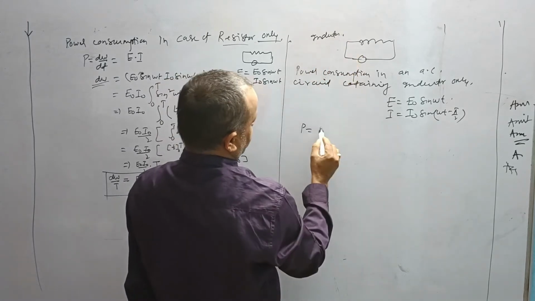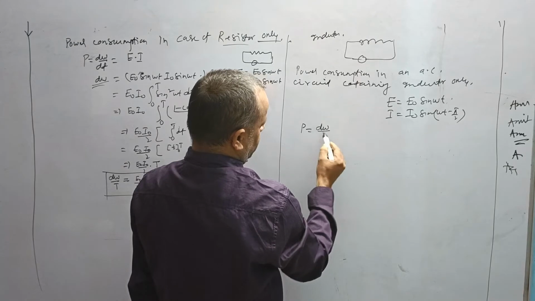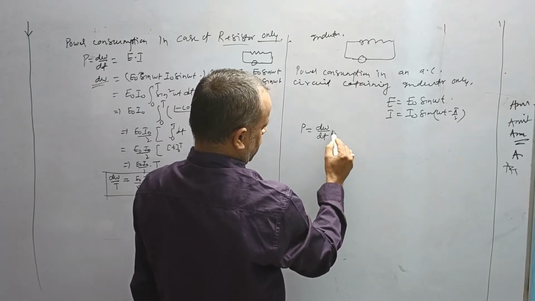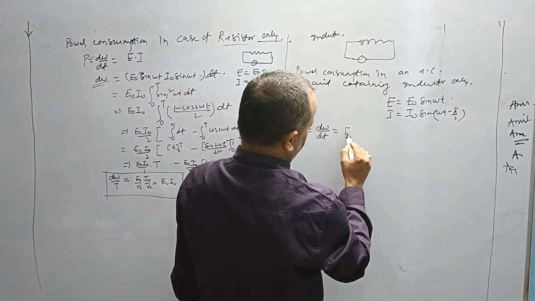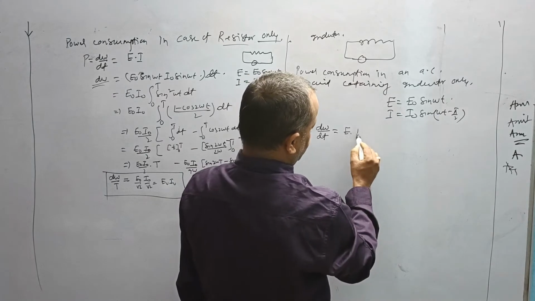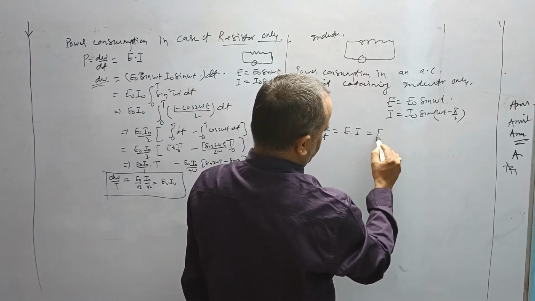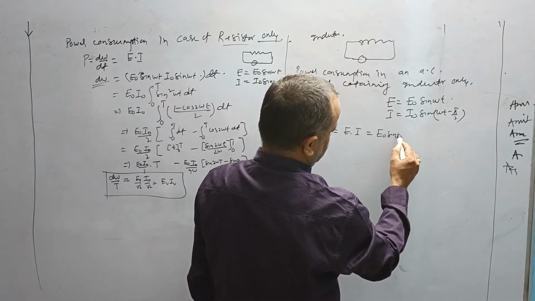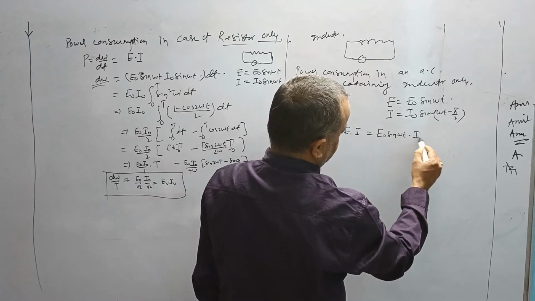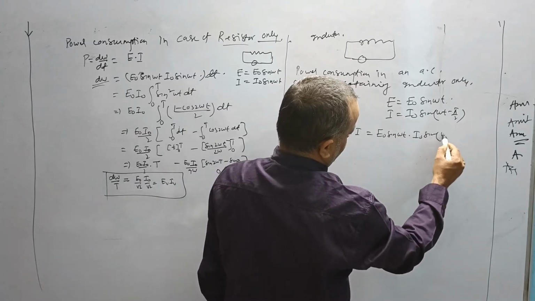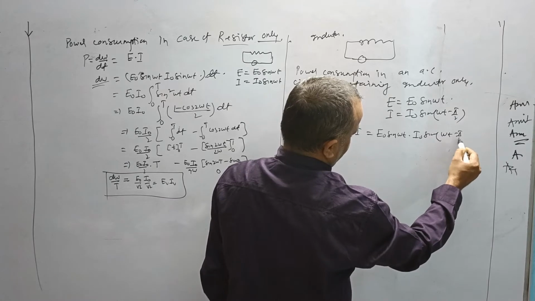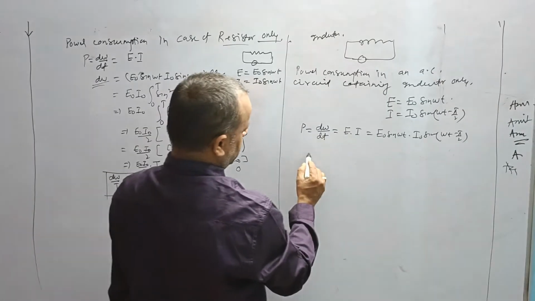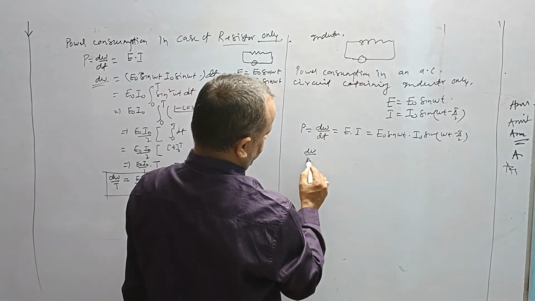Power is equivalent to the rate of doing work, and it can also be written as E into I. Here E is E naught sin omega t, and I is I naught sin(omega t minus pi by 2). We have to calculate the work done.